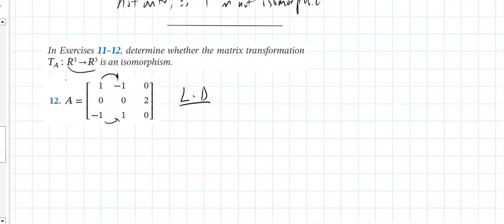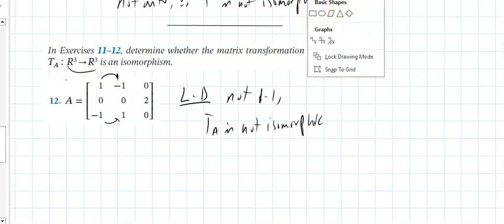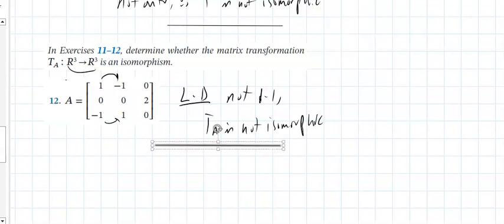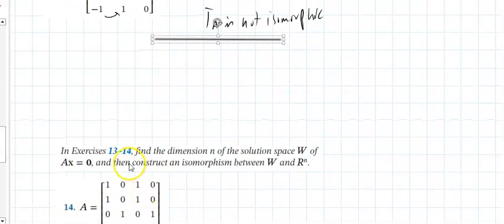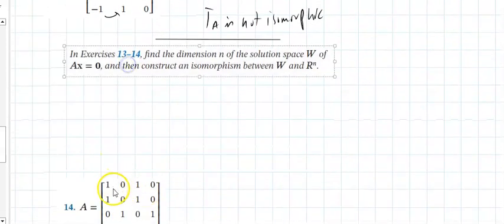So this is not one-to-one, and therefore T sub A is not isomorphic. Really quick to check. If not, you just find the determinant. 3 by 3 you can tell.